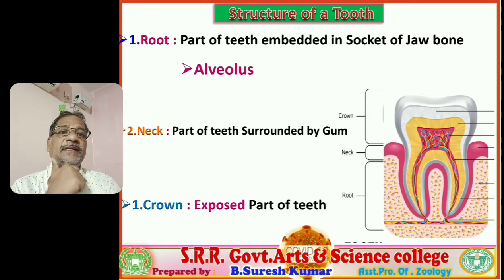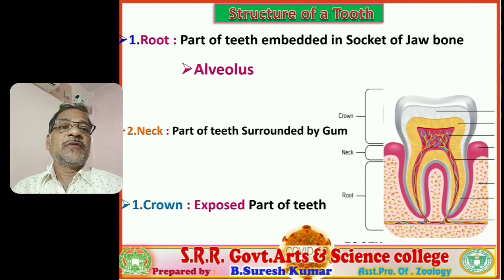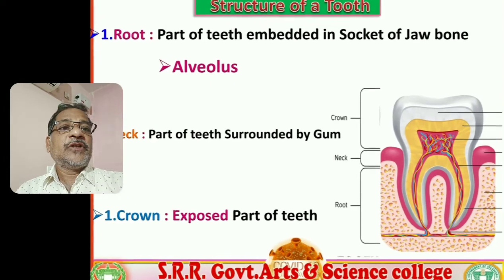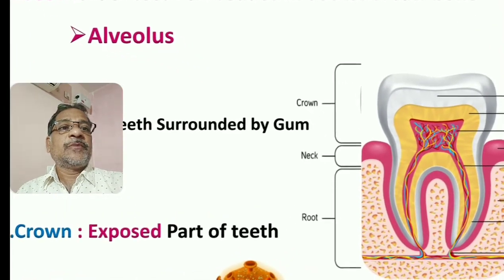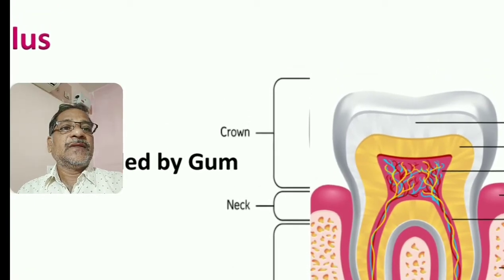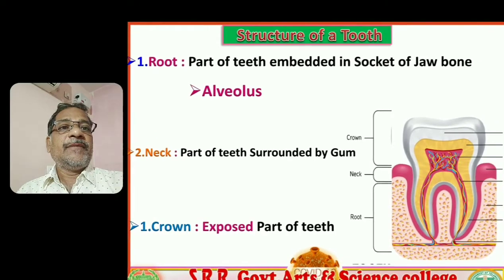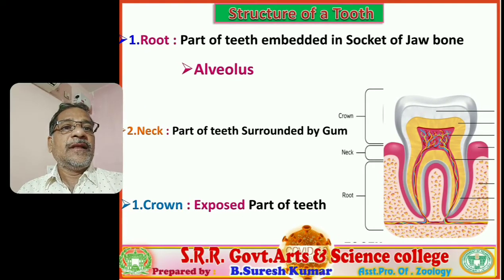The crown is the completely exposed part of the tooth, completely visible to us, remaining outside. In this visual, the exposed part is whitish in color. So this is the crown. We observed three parts in the visual.